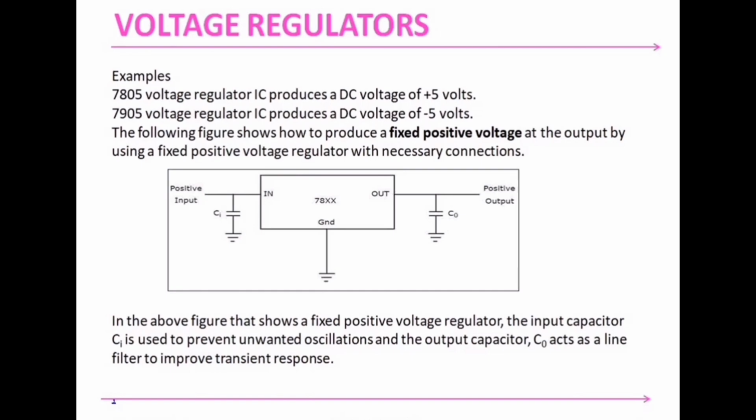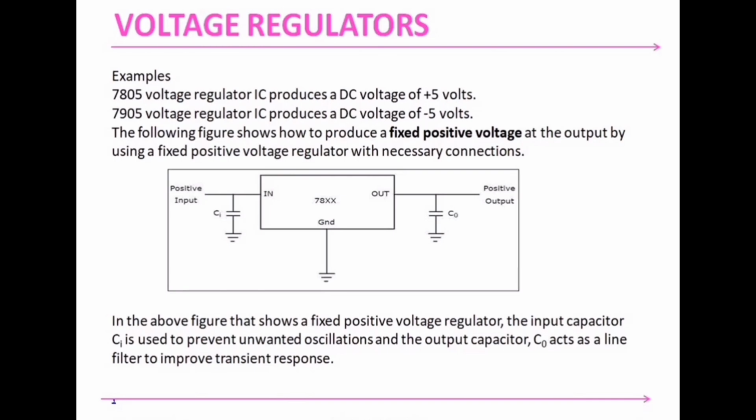So these ICs are provided with adequate heat sinking, and can deliver output current of more than 1 amp. These ICs don't require any external component. These are provided with internal thermal protection, overload, and short circuit protection.